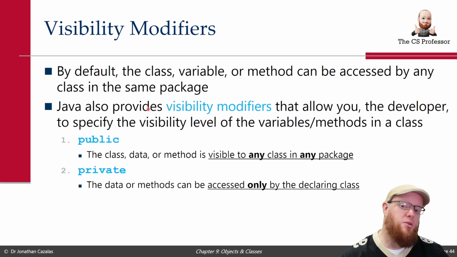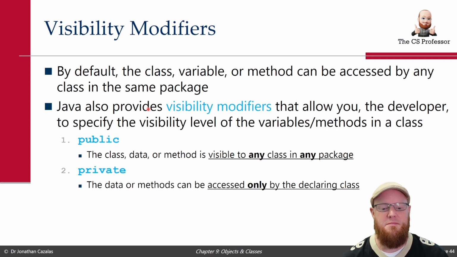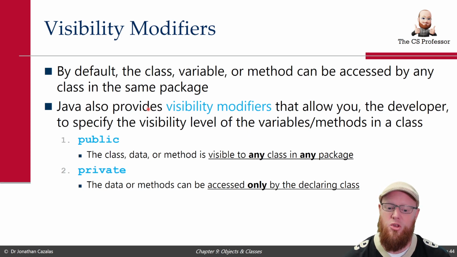But Java also gives us visibility modifiers, public and private, as well as protected, which we'll come to later. But public and private allow you, the developer, to specify the level of visibility that you want for those variables and methods in your class.